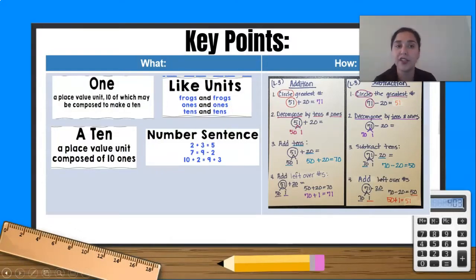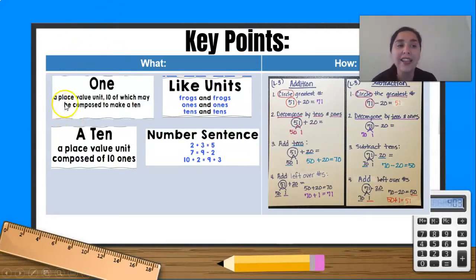First, we need to know what like units are. A frog and a frog, they're the same thing. They're like units. Ones and ones are like units, and tens are like units. But what's a 1?